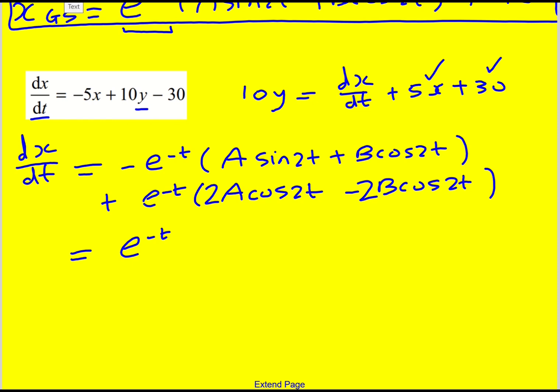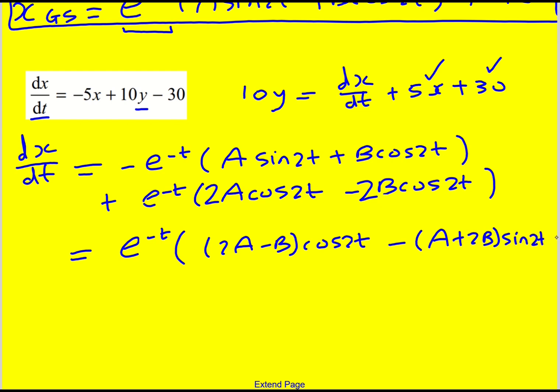Okay, so now I've factorized my e to the minus t out of everything. I'm going to get 2a minus b cos 2t. And then I've got minus 2b and minus a, so it's going to be minus a plus 2b sine 2t. And that means 10y is going to equal this thing that I've just found.